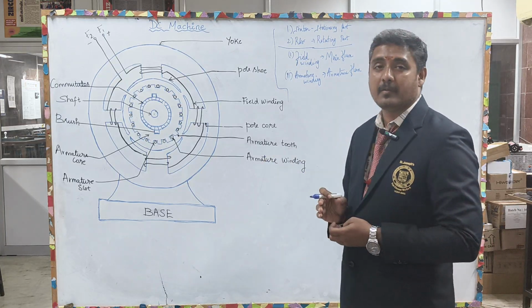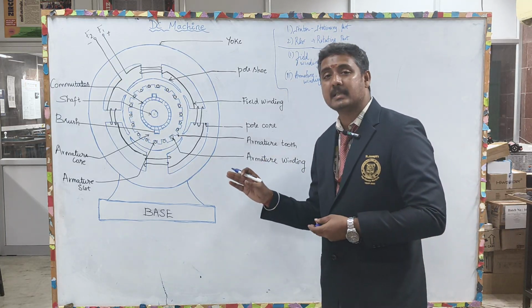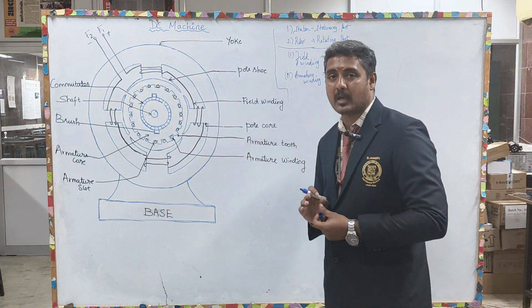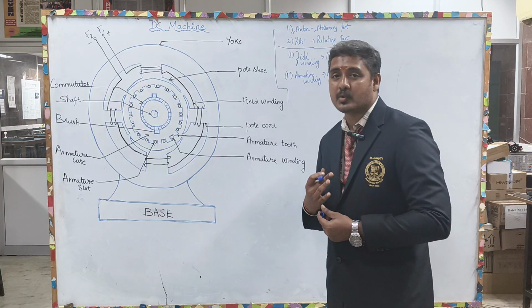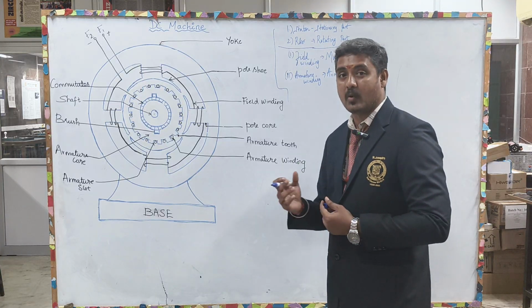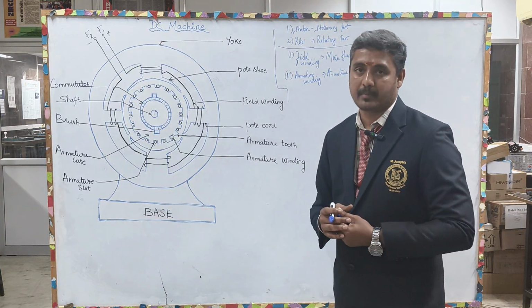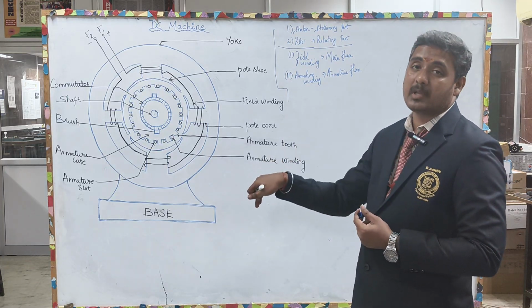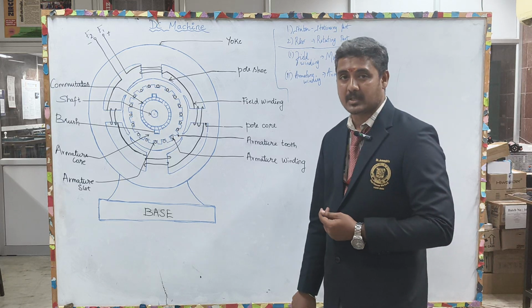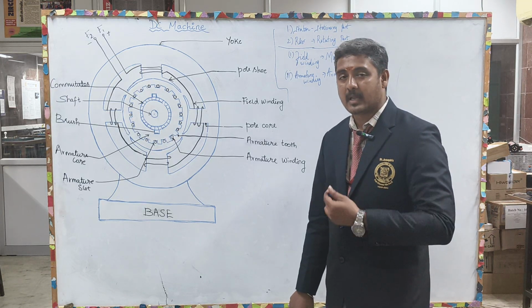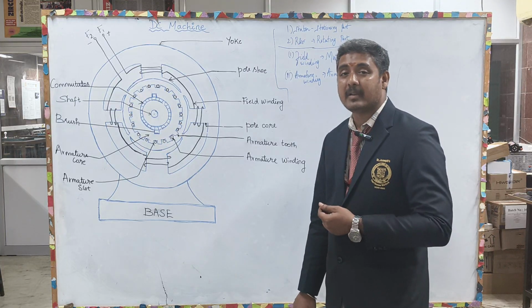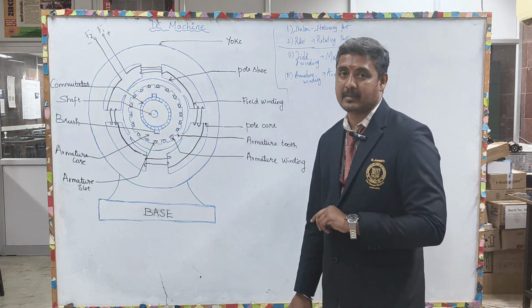If you are going to consider this machine as a DC motor, our input should be an electrical input and output should be a mechanical output. What is the electrical input? Where can you give the electrical input in this DC machine? See, already we have told that the field winding will always be excited.